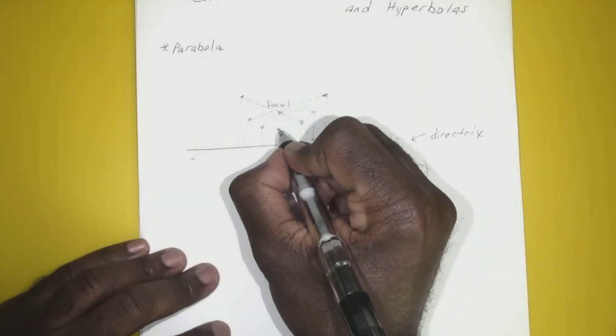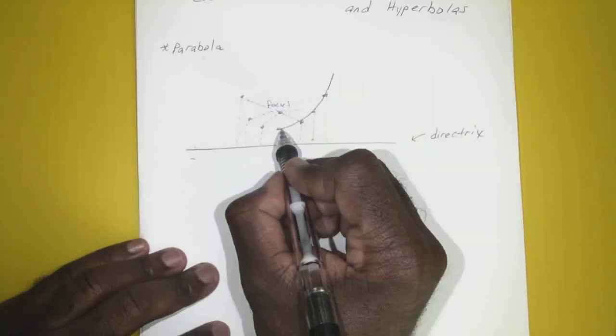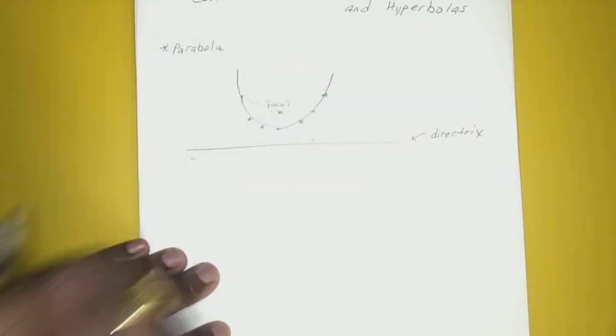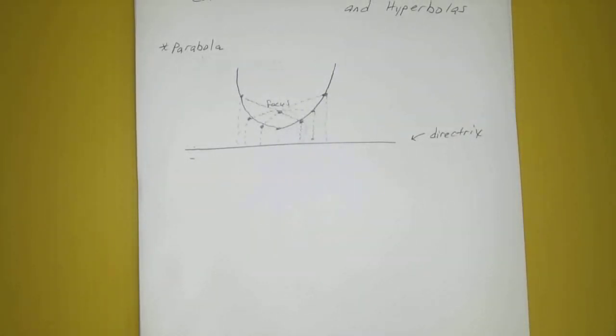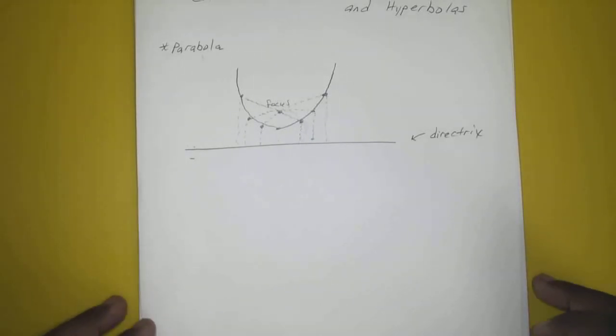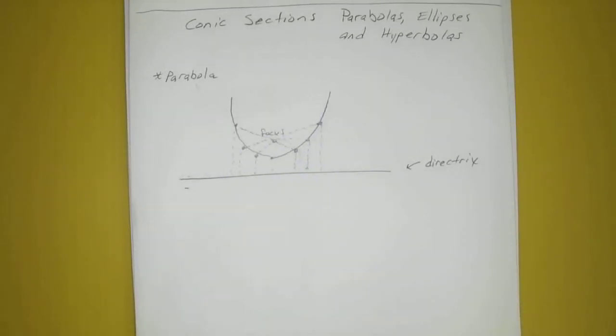Okay, so if we connect all of those points that are the same distance between the directrix and the focus, it would actually give us our parabola. So it kind of looks like a little spider web thrown out there. Okay, I'll leave that up for a few seconds.